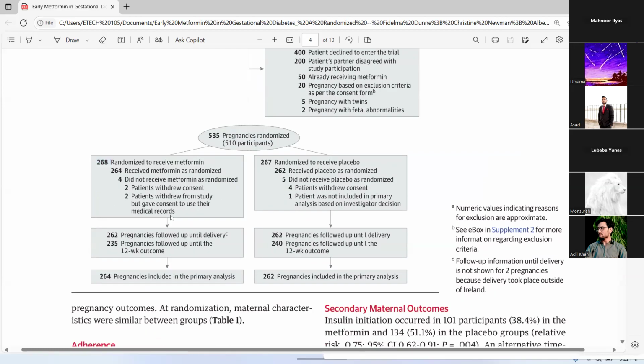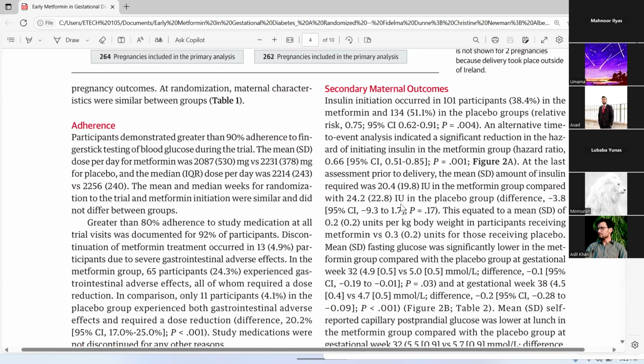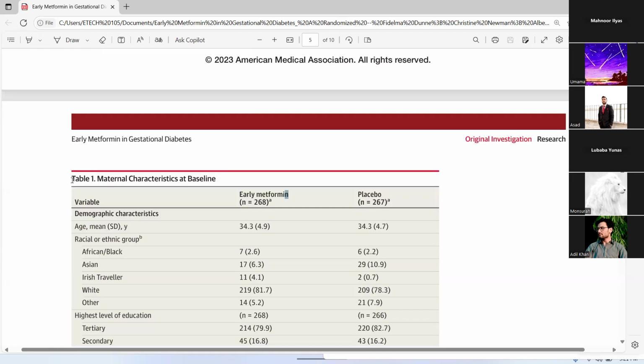The first therapy is always the intervention, and the second one is placebo. You can also judge your intervention and control from Table 1. I'll explain later what Table 1 is, but Table 1 is the baseline characteristics table. You can directly come to Table 1 and see what your intervention and control are. So I can see from here, early metformin is the intervention, and placebo is my control. I hope this is clear.